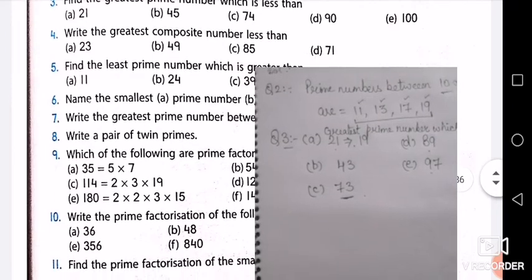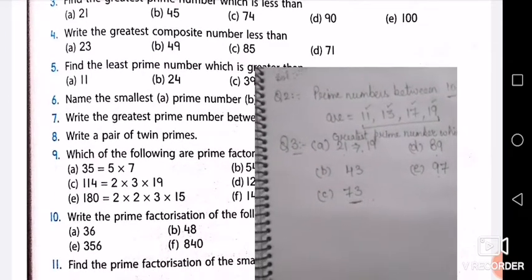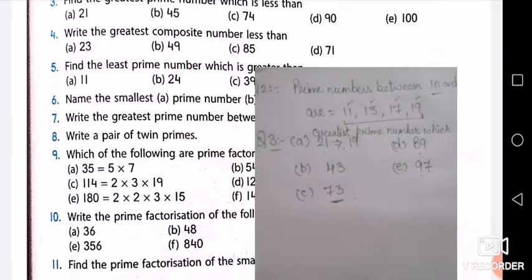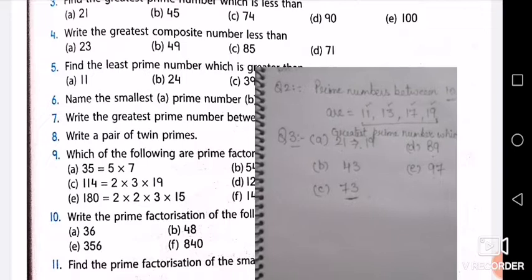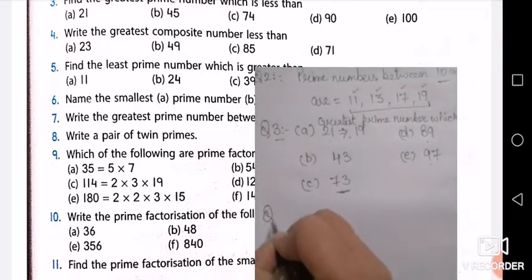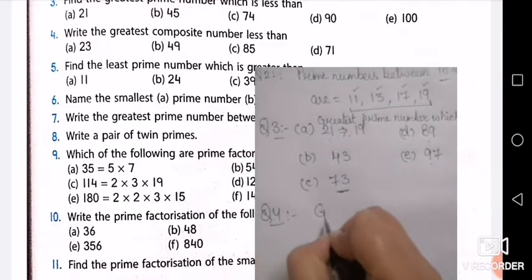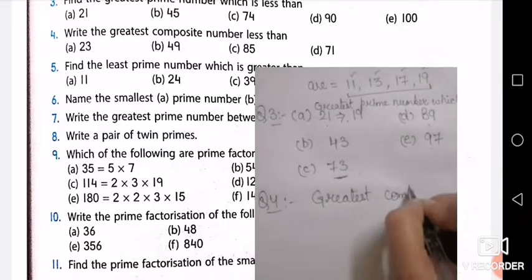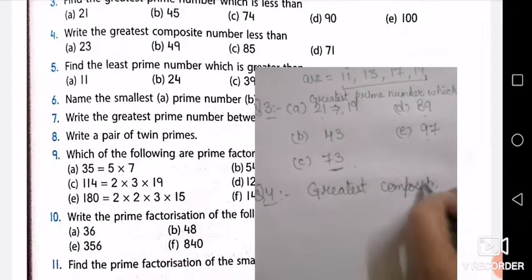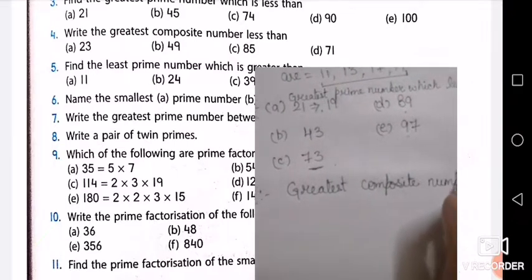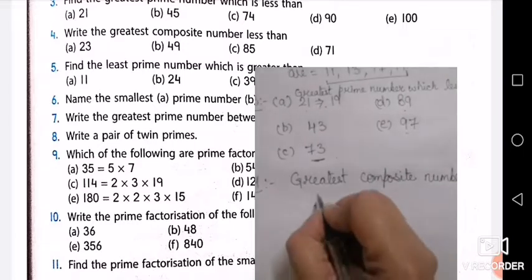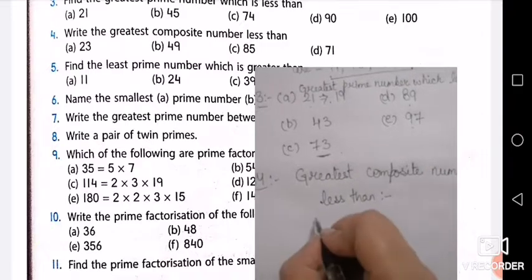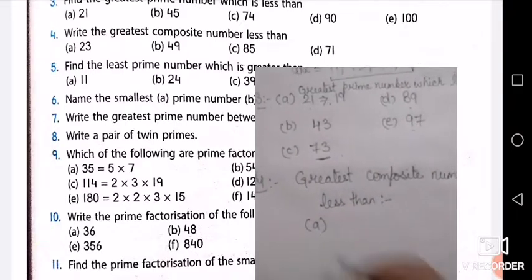Now question 4, write the greatest composite number. In question 3 you have to write greatest prime number, but in question number 4 you have to write greatest composite number less than the given number, which is 23.